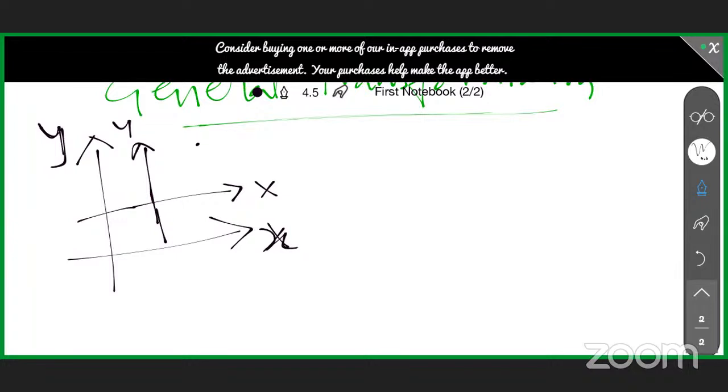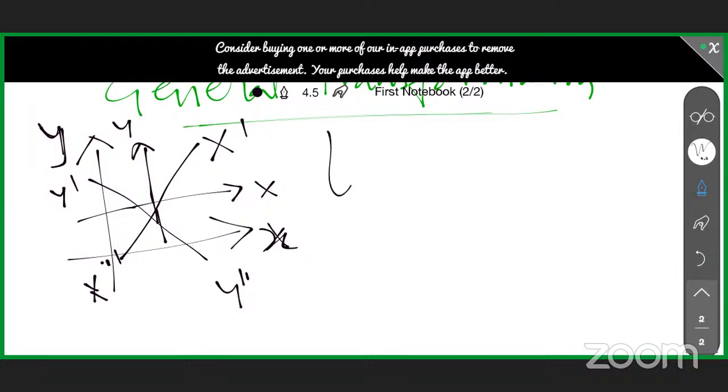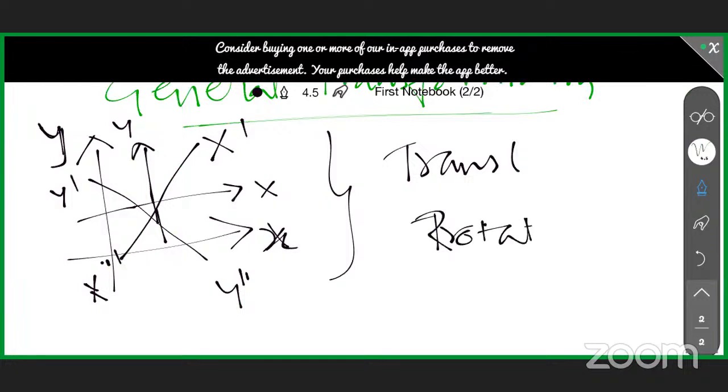That will become x dash, y dash, x double dash, y double dash. That means my process is, first I am doing translation of axis, and soon after this, I am doing rotation of axis. So like this, the transformation is called general transformation.